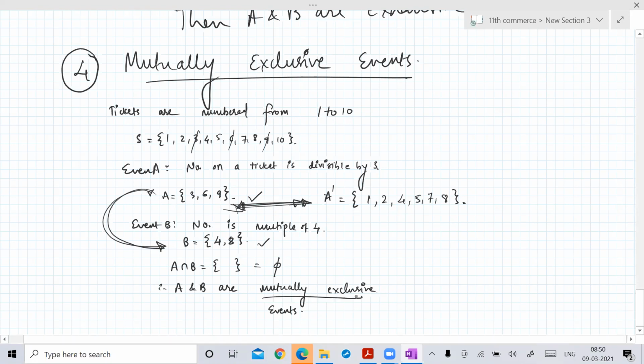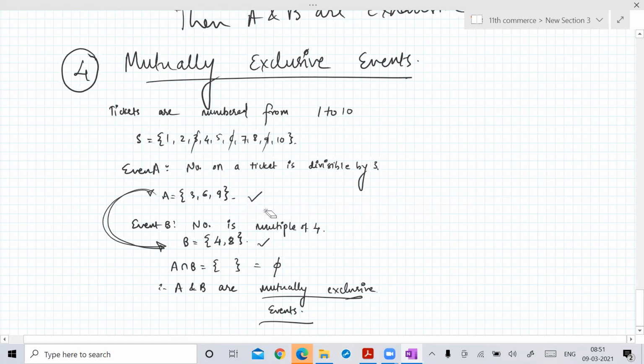So events which are mutually exclusive may or may not be complementary. It is not compulsory that if the events are mutually exclusive, then they have to be complementary. Did you understand the difference between complementary events and mutually exclusive events?